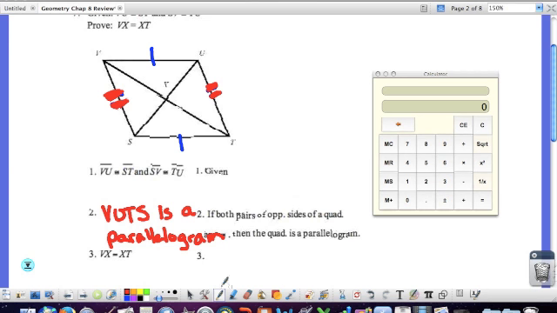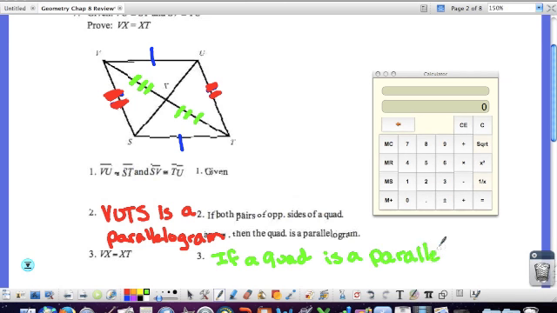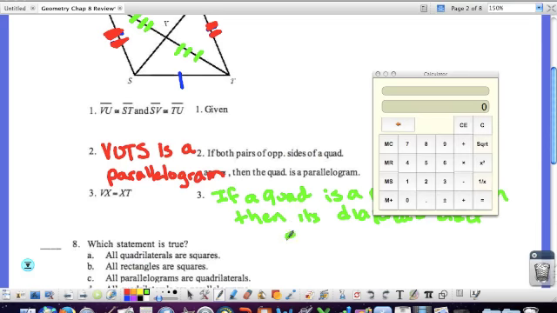So if this is a parallelogram, we know that VX is going to be congruent to XT, because if a quadrilateral is a parallelogram, then its diagonals bisect each other. And as you can see, this is a very simple proof.